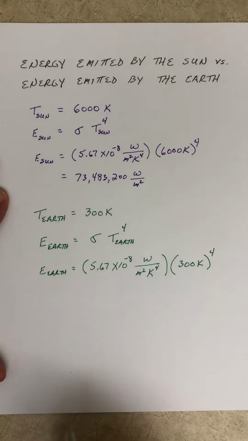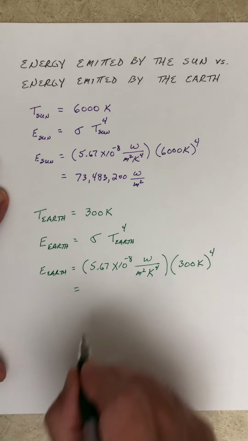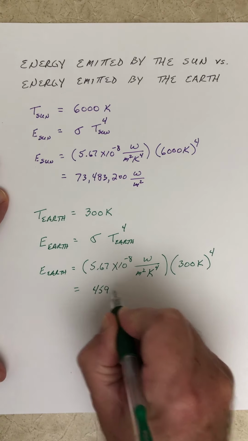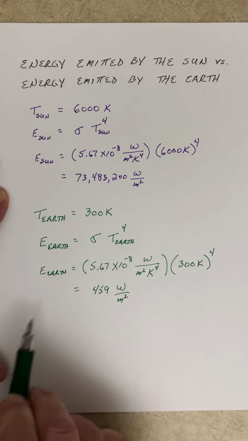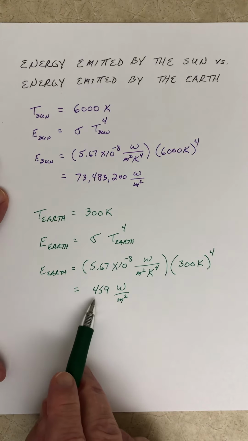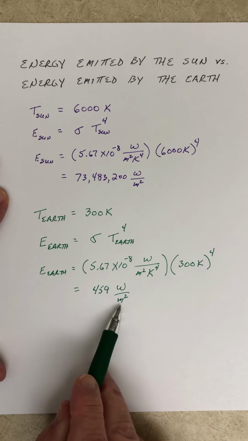When you punch this into your calculator, this comes out to 459 watts per meter squared. So the Earth is emitting approximately 459 watts for every square meter of Earth's surface.